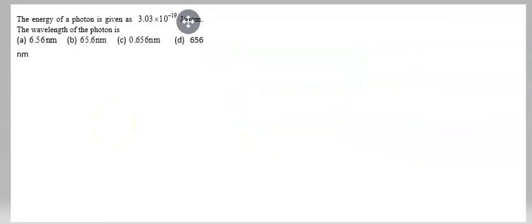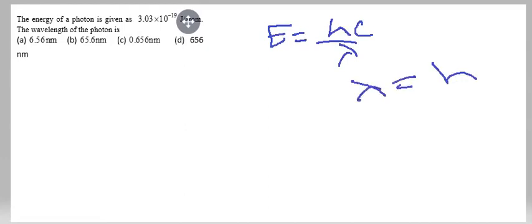So this is the next question. The energy of a photon is given, and we have to find the wavelength of the photon, right? For the wavelength we have the formula energy equals hc by lambda. Then we have to find lambda, so it will be hc by E. Then we'll substitute the values.